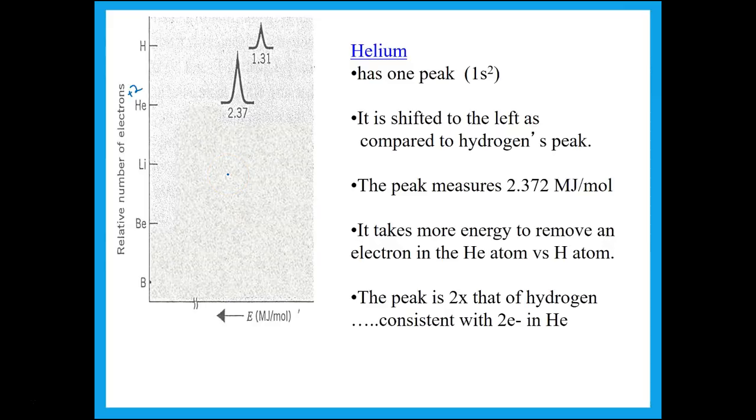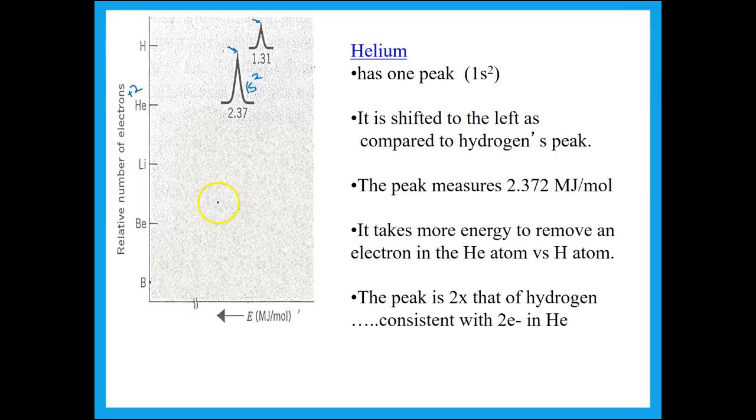And then once we bounce down to the next energy level, we'll see significant jumps, and then we'll start over that process again. So we see one peak, but notice this peak right here for helium is about double the size of the one for hydrogen. So we're going to say that this peak represents the 1s2 electrons. There are 2 electrons in that peak, not just 1 electron.